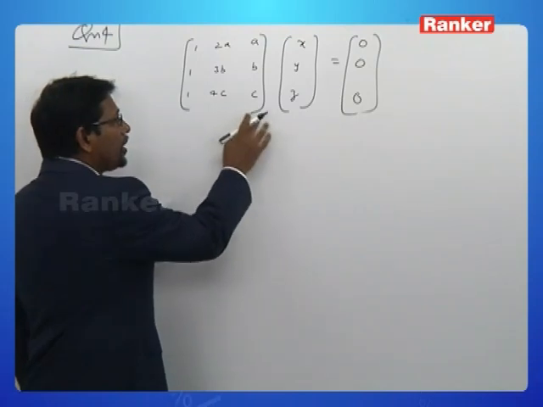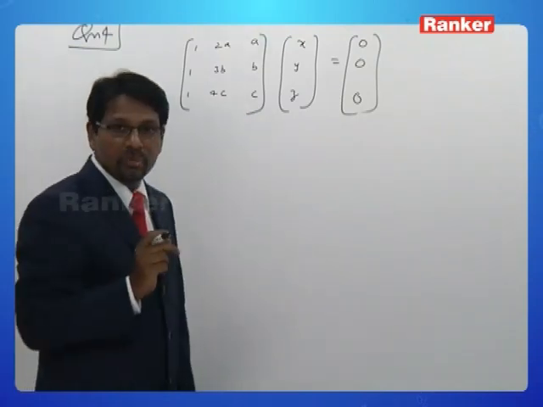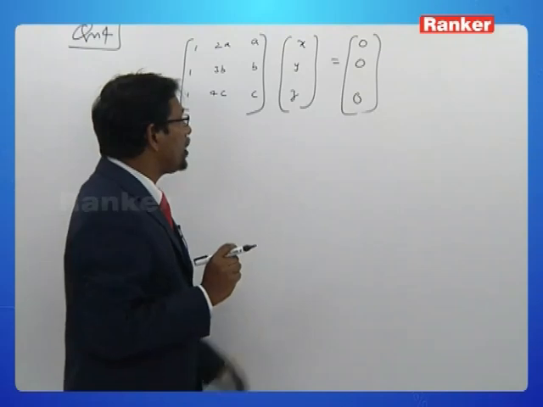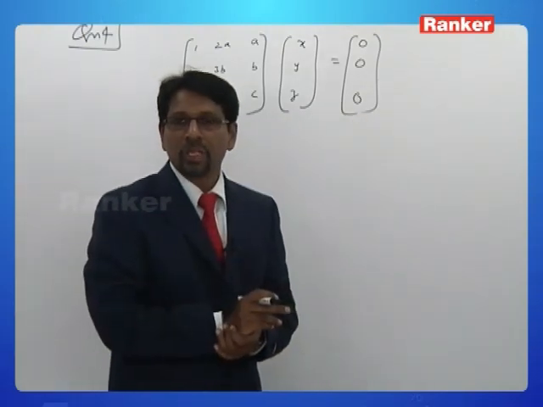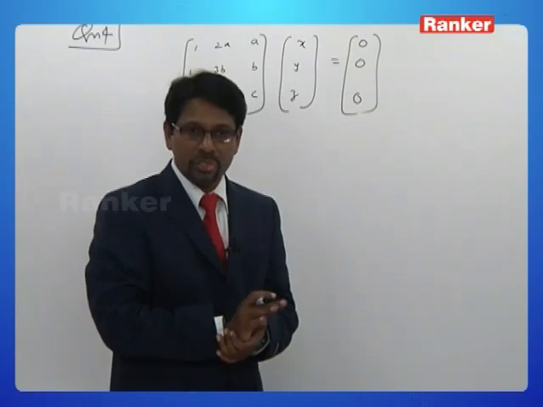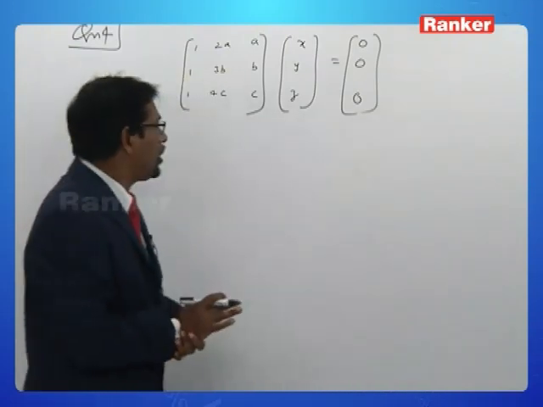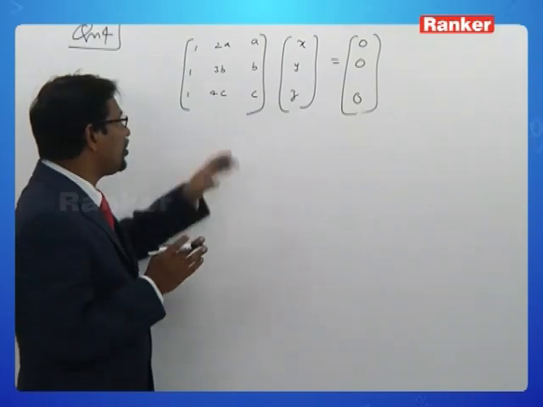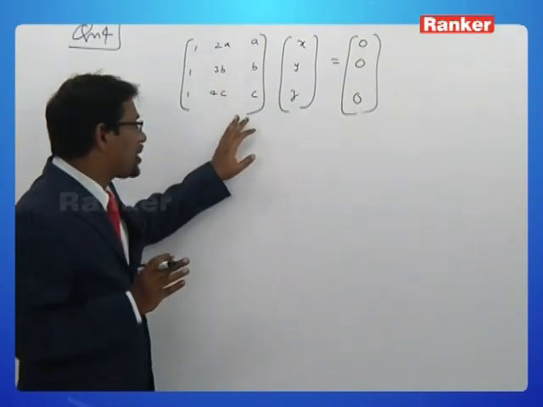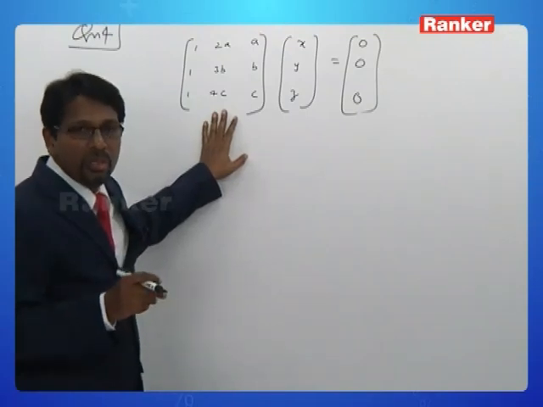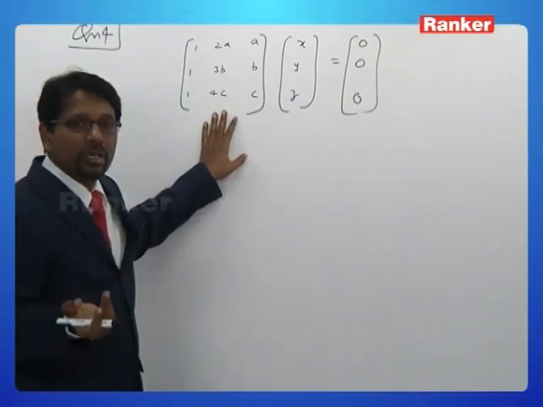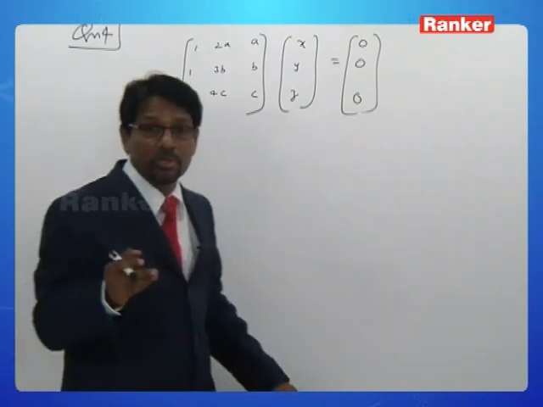Now when you have a homogeneous system of linear equations, it will always have a zero solution. When will it have a non-trivial solution? When the number of equations is equal to the number of unknowns, if the determinant of the coefficient matrix is 0, then this system is going to have a non-zero solution. What do you mean by non-zero solution?